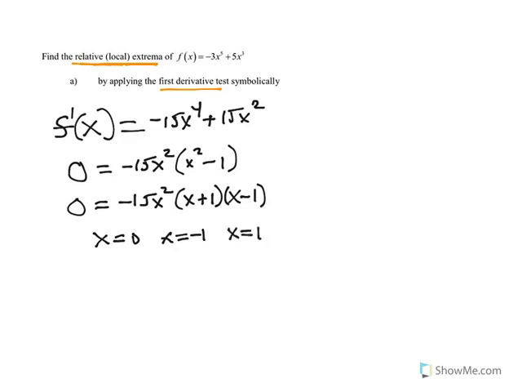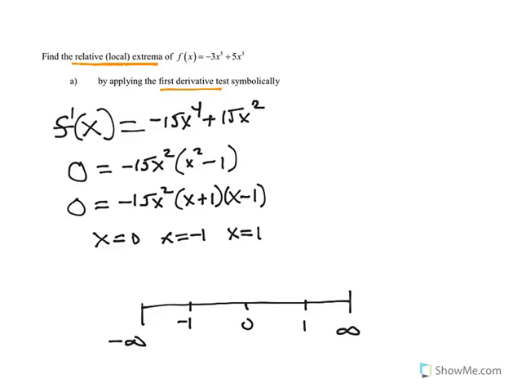And then we'll go ahead and do a first derivative test. So we have 3 critical points to investigate: negative 1, 0, and 1. And we'll work on the whole interval from negative infinity to infinity.